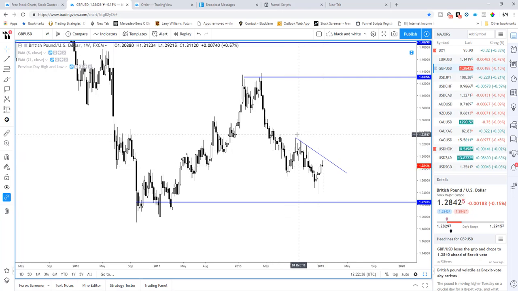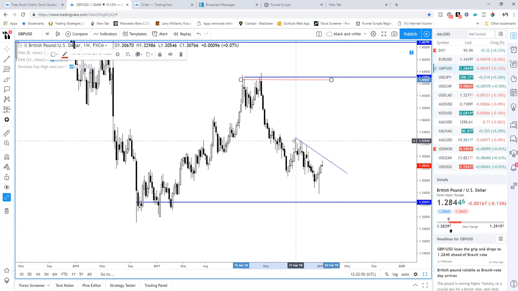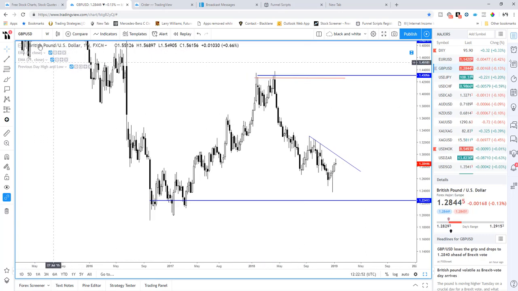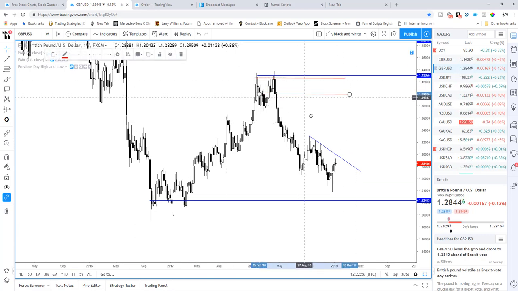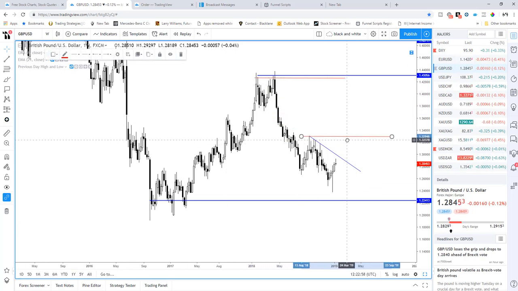So the weekly shows, I'm just going to mark it on in a different color. Let's mark the weekly highs and lows on in red. And I'll just copy it so they're all the same length. So there's the high, and now we're looking for the low.